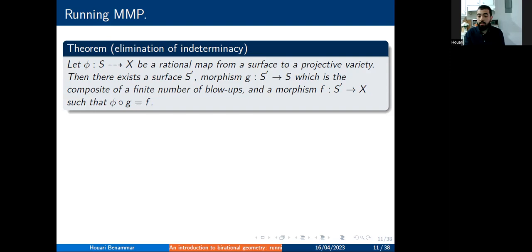Then there exists a surface S prime, with a morphism S prime to S which is the composite of a finite number of blow-ups, and a morphism S prime to X. What does this theorem mean? It means exactly that we can resolve the indeterminacy locus of the map. The map is not defined, so we take a finite sequence of blow-ups, and after that we get a map which is everywhere defined.